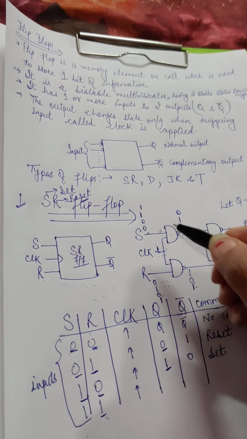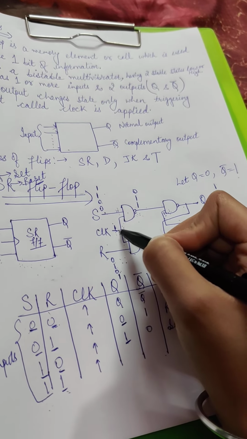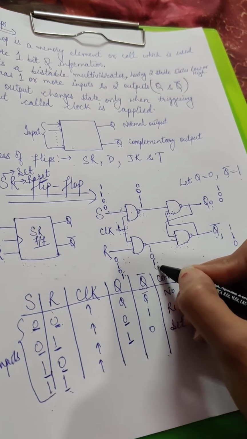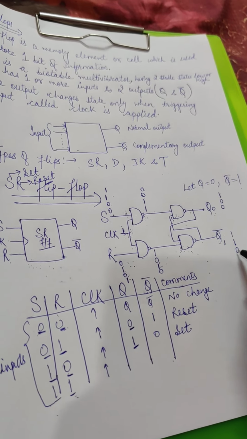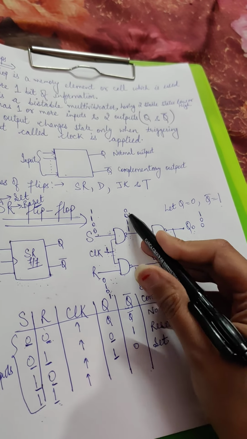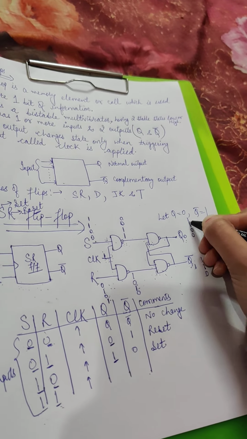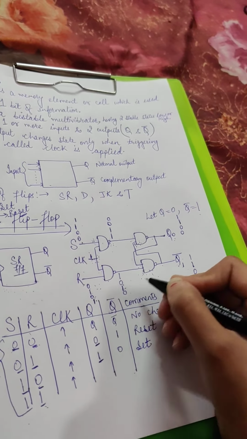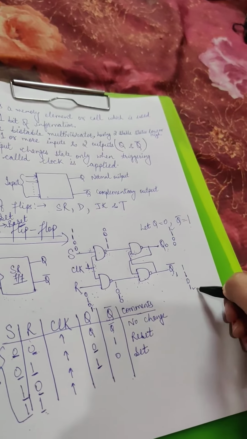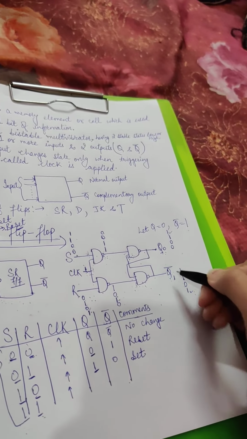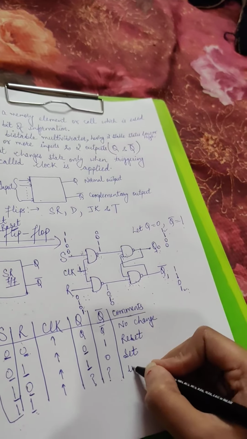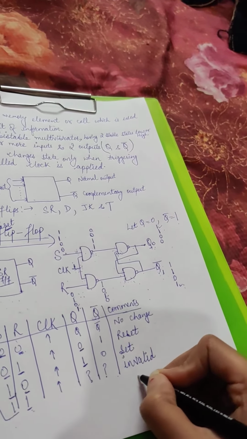S भी 1 है, R भी 1 है. क्लॉक हमेशा 1 है. 1 into 1 is 1, आउटपुट कॉम्प्लीमेंट होकर 0. ऐसे ही ये वाला 0 यहाँ फीडबैक होगा, तो 0 into 0 is 0, कॉम्प्लीमेंट 1. ये वाला 1 यहाँ आएगा, 1 into 0 is 0, कॉम्प्लीमेंट 1. मीन्स दोनों आउटपुट्स आपकी 1 1 आ गई, लेकिन ये कंडीशन पॉसिबल नहीं है बिकॉज Q और Q बार एक दूसरे का कॉम्प्लीमेंट है. सो दिस कंडीशन इज़ इनवैलिड. दोनों आउटपुट सेम नहीं हो सकते, इसलिए ये कंडीशन आपकी इनवैलिड है.